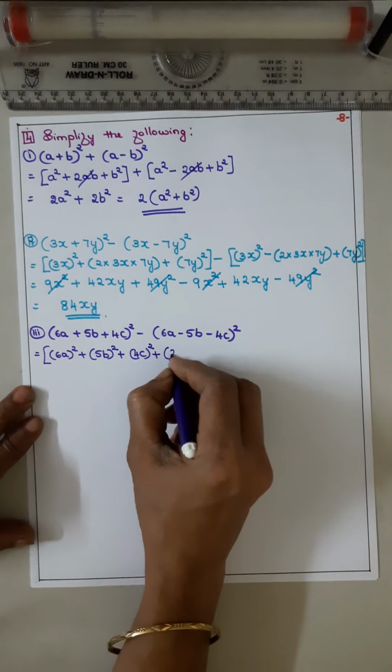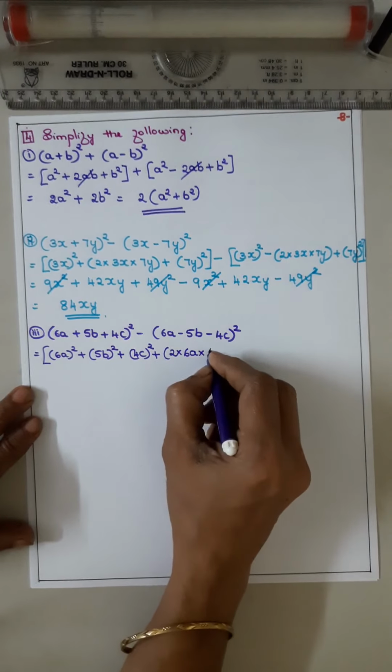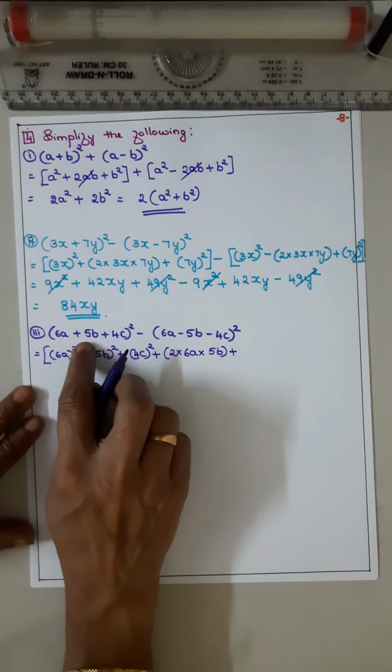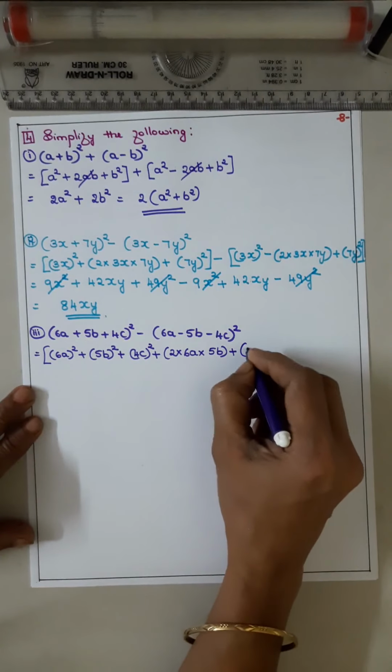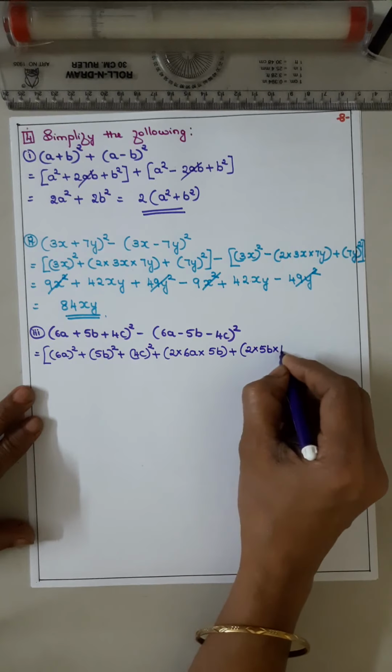2ab. 2 into a is 6a, b is 5b. Plus 2bc, 2 into 5b into 4c.